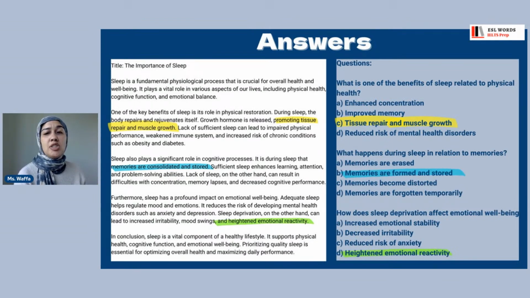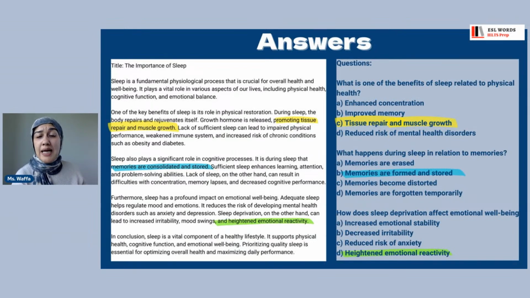Sleep deprivation. The question clearly says sleep deprivation. So, that's a big hint that the answer would be found within this sentence. Affect emotional well being means pretty much how you are as a person. If you don't sleep, how do you behave? How is your emotional well-being?